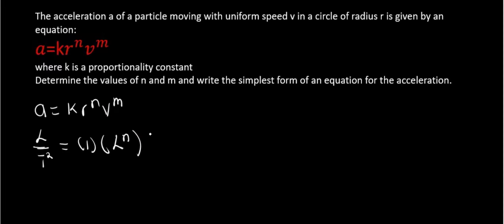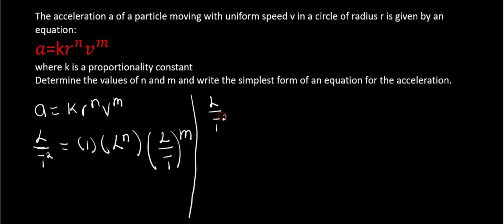This is the velocity, so L over t, to the power m. So L over t squared equals L to the power n times L to the power m over t to the power m, as m multiplies everything in the brackets.